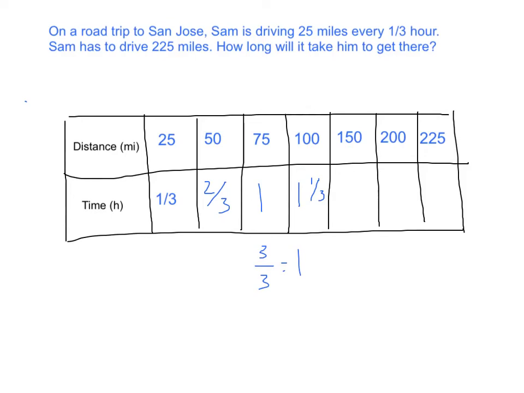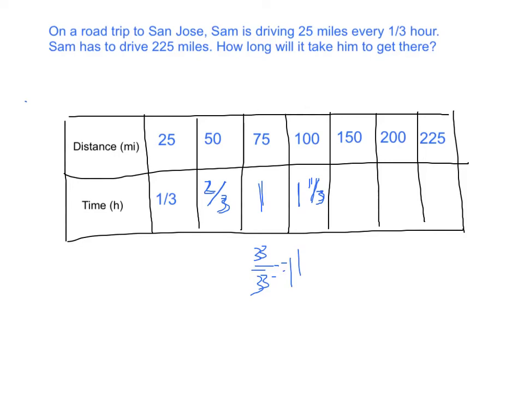Okay, so what I can do, though, because I know how long it took him to drive 100 miles, and I know how long it took him to drive 50 miles, I can just add 100 plus 50, because 100 plus 50 is 150. So if I add up the total time it took to travel 100 miles, and I add up the total time it took to travel 50 miles, then I can figure out how long it took him to travel 150 miles.